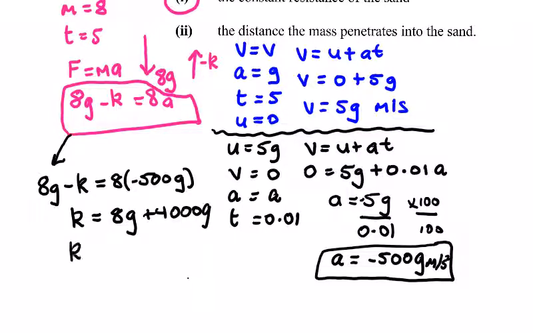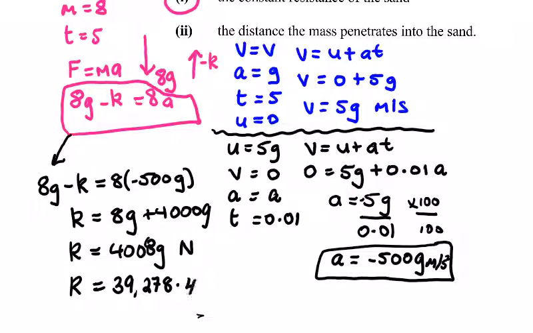So the resistance force will be 4008g newtons. 4008 by 9.8 will be 40080 minus 2%, which would be 400.8, giving me 39278.4. Just double check that in the calculator.